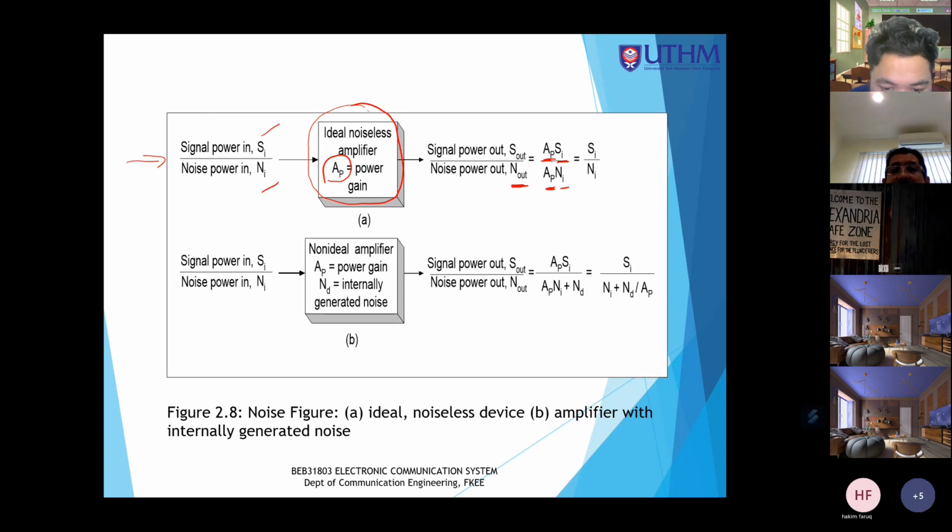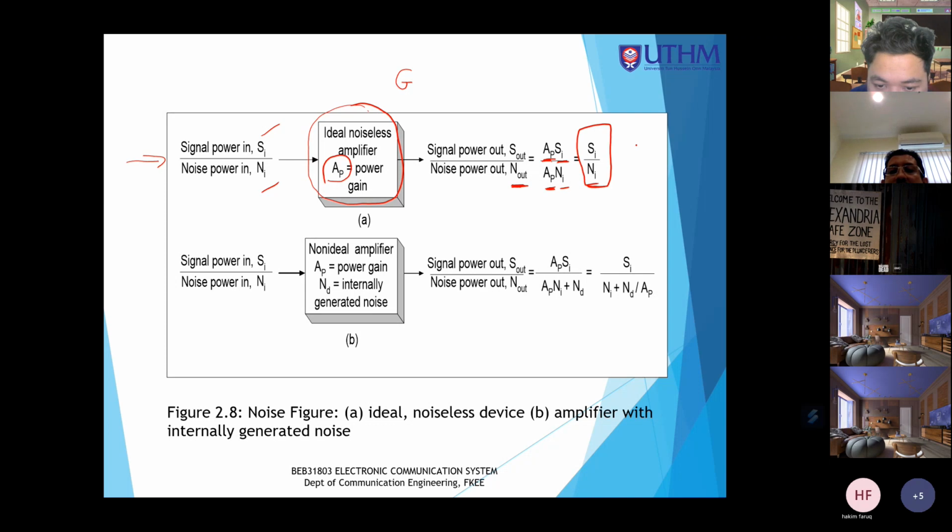Okay, as I mentioned earlier in previous chapter, some other literature books dia menggunakan simbol G for the gain, but in the Wayne Thomas's book dia menggunakan simbol A for gain and also for the attenuation as stated in chapter 1. Okay, so you see that pada akhirnya kita akan dapat ratio SI over NI, similar with the input.